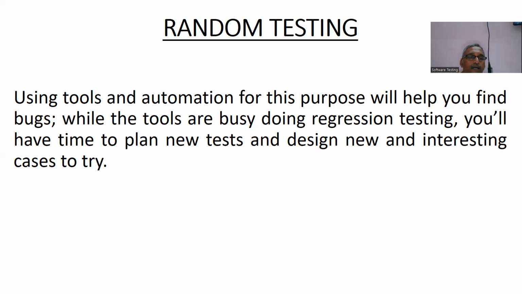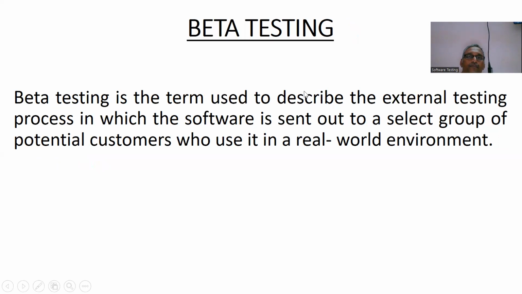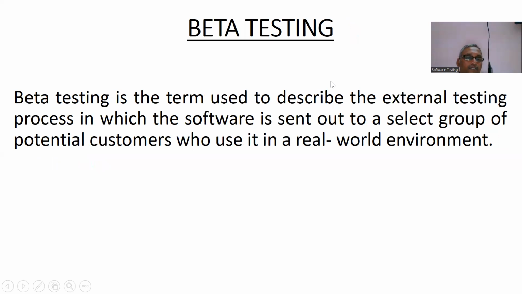Next thing, beta testing. The testing ideas presented so far have been internal methods. That is, the people that would help us with the testing are either from our test team or the project development team.